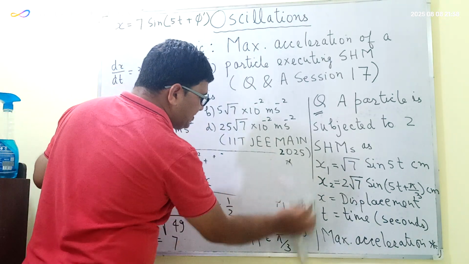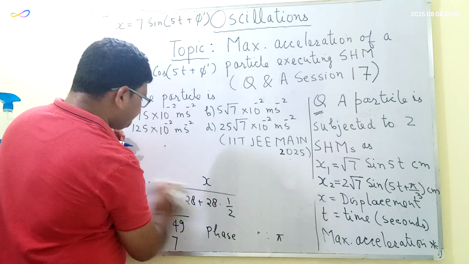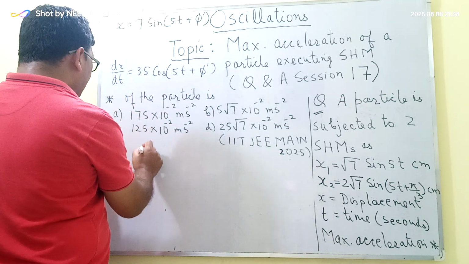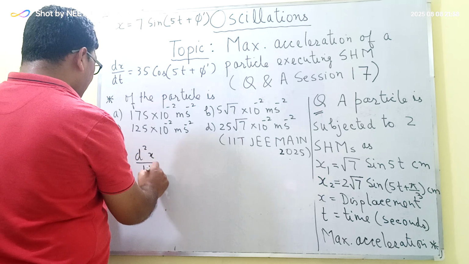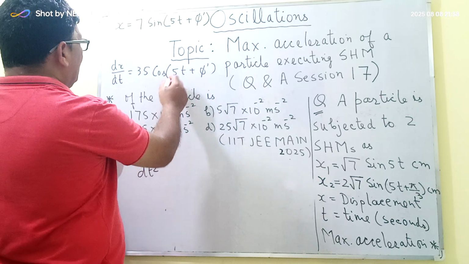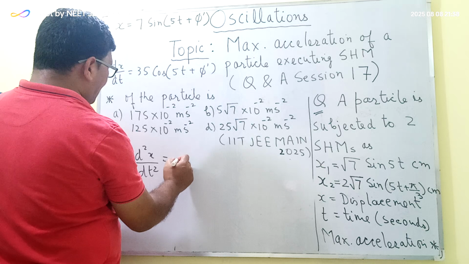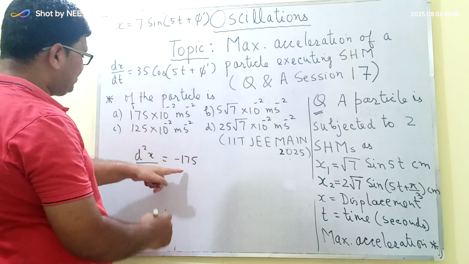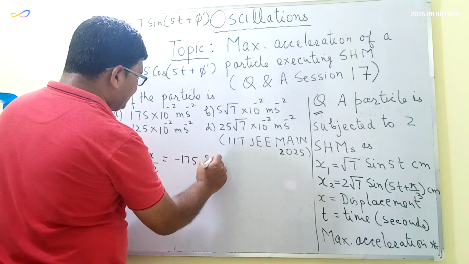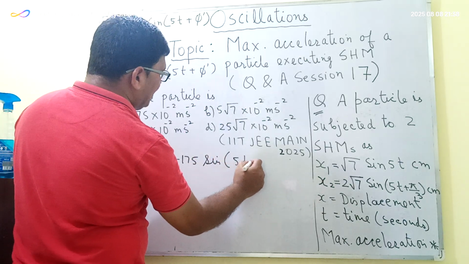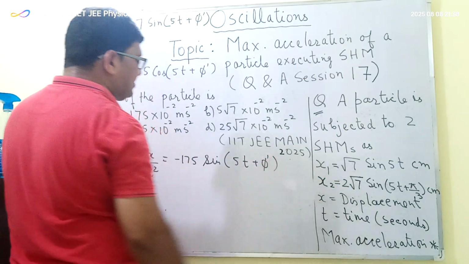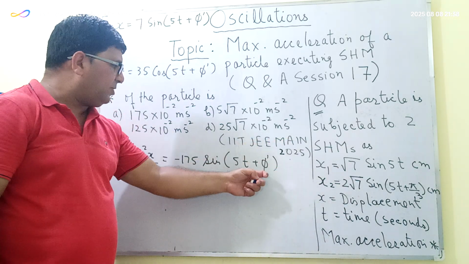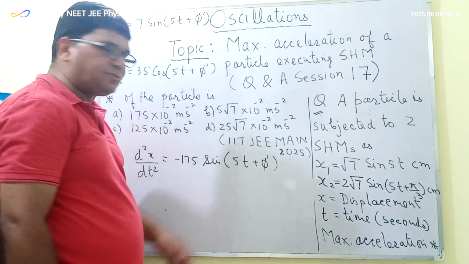And if I differentiate dx upon dt again, I will be getting d square x upon dt square, and this will be equal to minus 35 into 5, this is equal to minus 175, and I will be getting sine (5t plus phi dash), where phi dash is the phase angle of the resultant simple harmonic motion. So here I am not calculating this value of phi dash because it is not required.